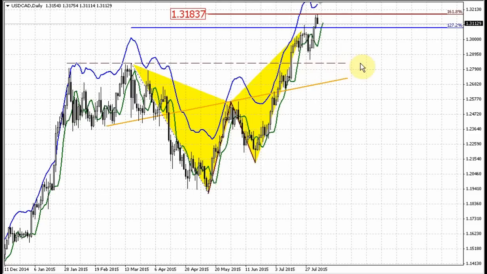Another thing why this situation seems interesting: in the short-term perspective, the market could give us an interesting pattern here that could trigger a really deep retracement, and that pattern could be the double repo sell. So take a look.